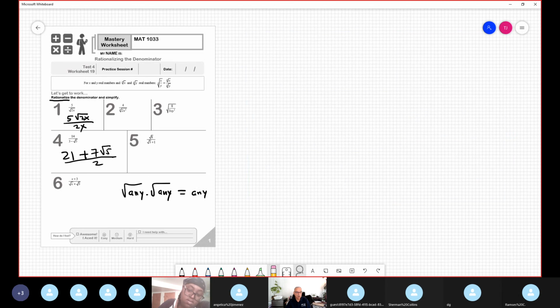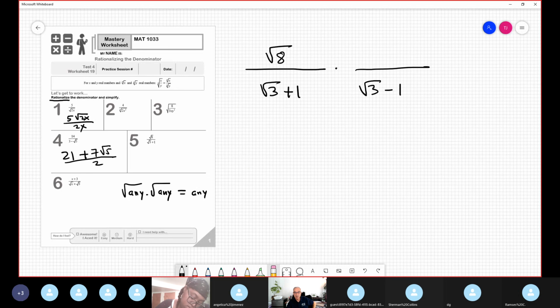Okay, so moving on to number 5. We have time, 5 minutes. Look, radical 8 divided by radical 3 plus 1. Again, conjugate. What is the conjugate? Radical 3 minus 1. Now the multiplication.